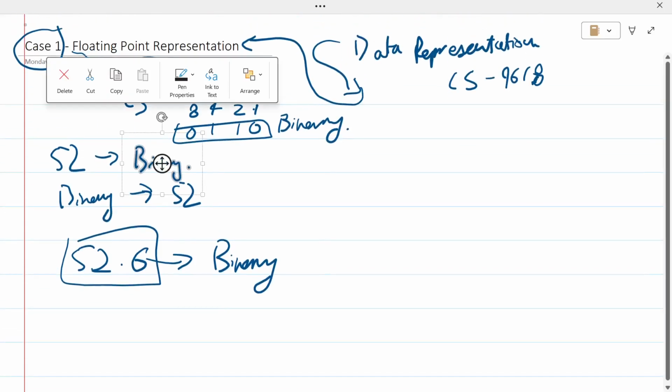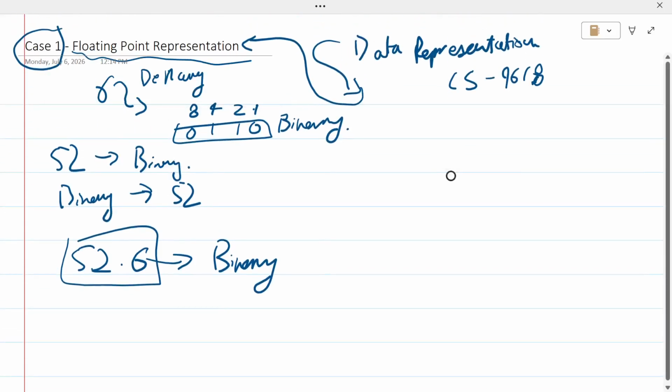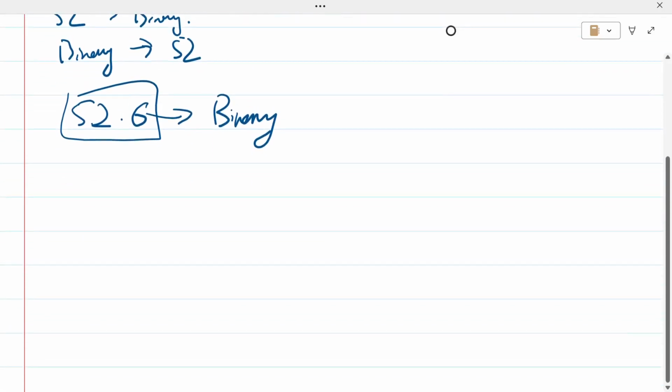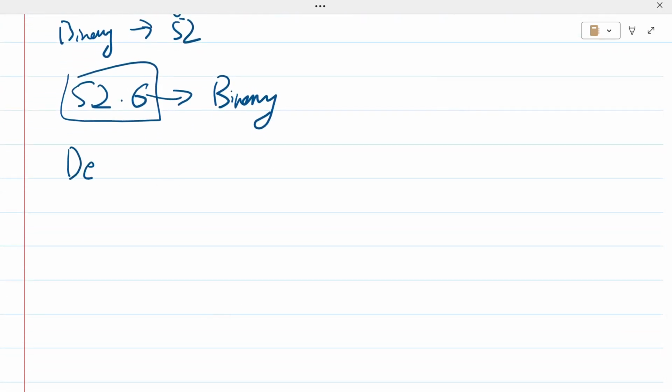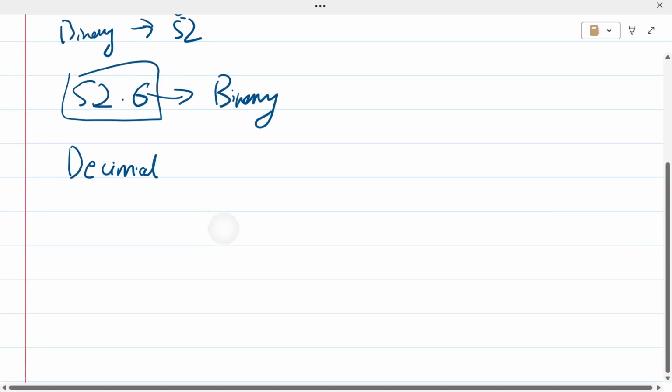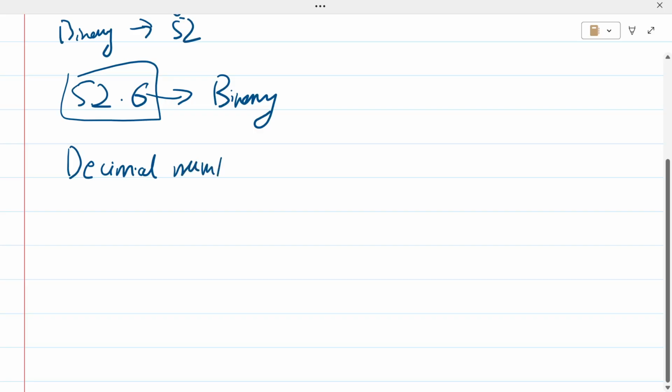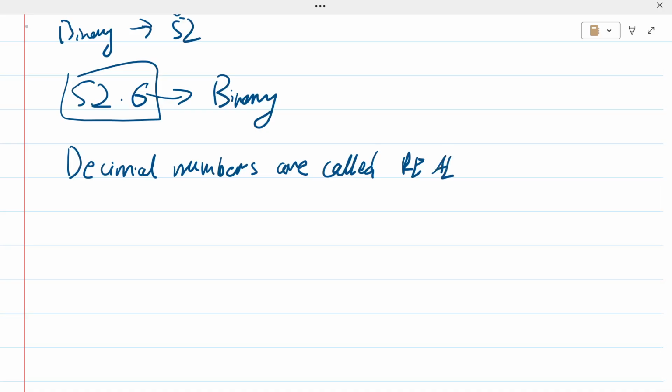So, floating point actually means, you know what? Decimal numbers in computer science terminology, decimal numbers which have a point in them, are called real, right? And at the same time, if any of you have ever learned Python, or even if you haven't, it's good to know that they're also called float, right?